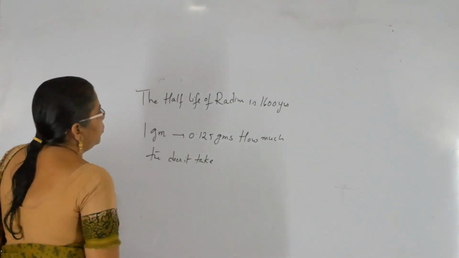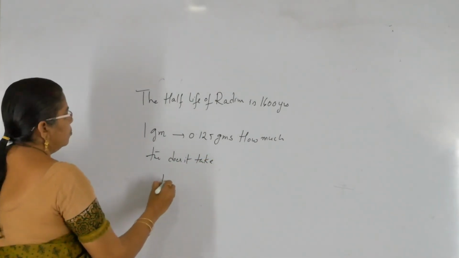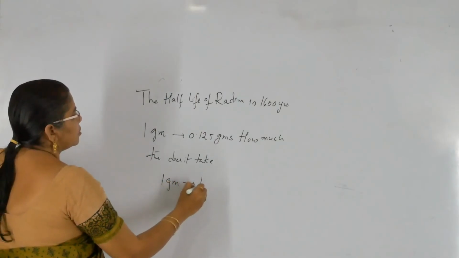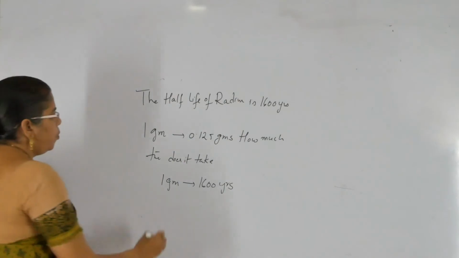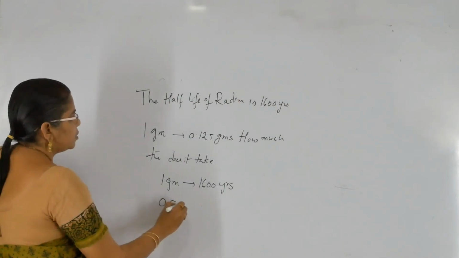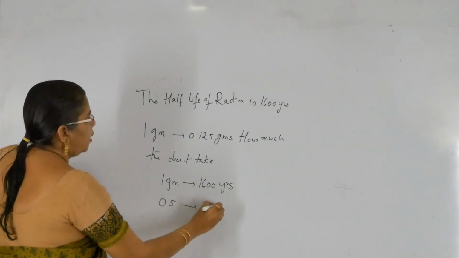It is simple. For 1 gram it is 1600 years to reach 0.5 grams, which is 3200 years.